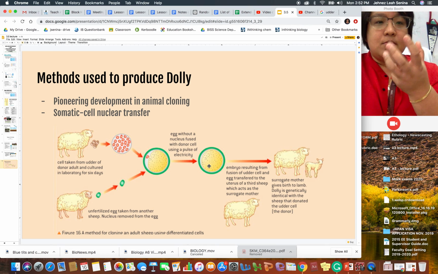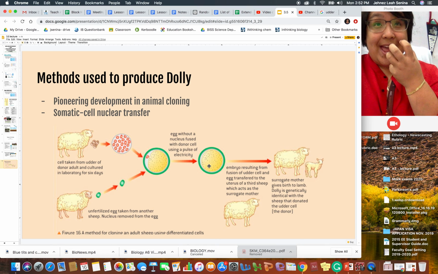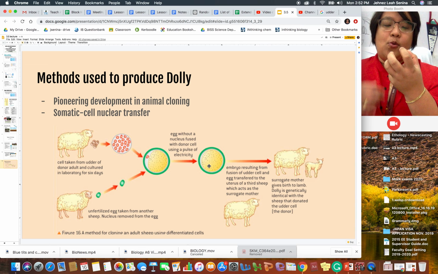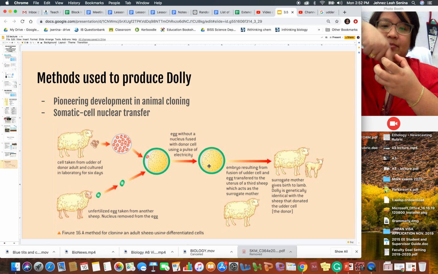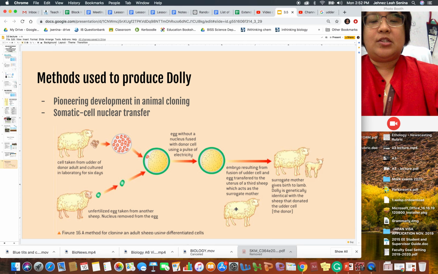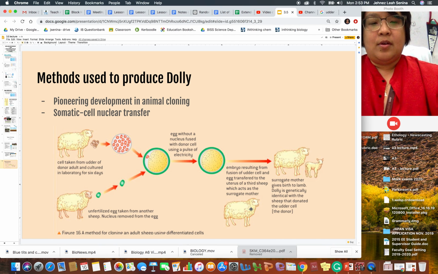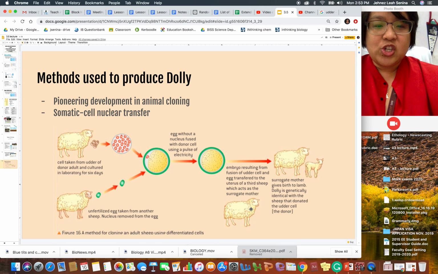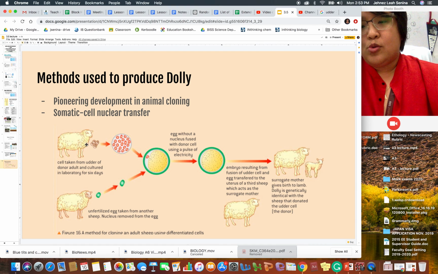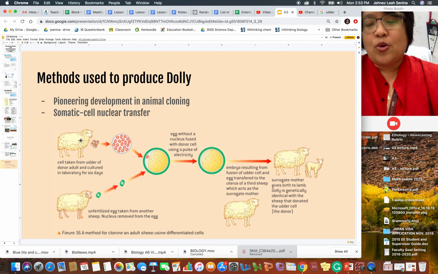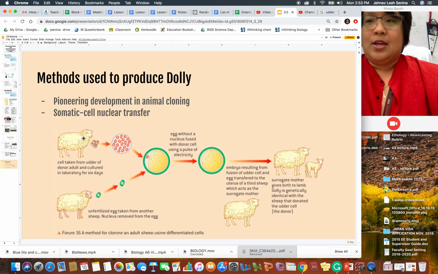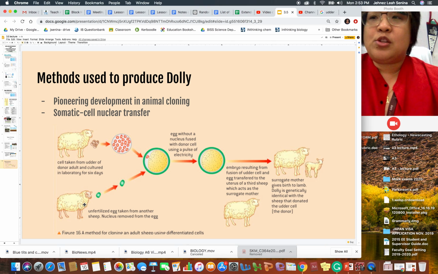And then what they did was, that new egg cell with the body cell inside, they put it in a surrogate sheep, so another sheep that carried the embryo. So when this gave birth, the offspring was identical to this sheep, the source of the body cell. This one is just the source of the empty egg cell.